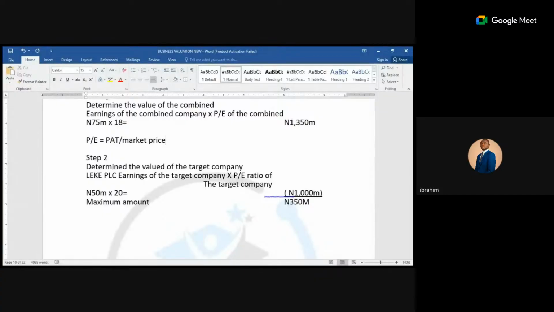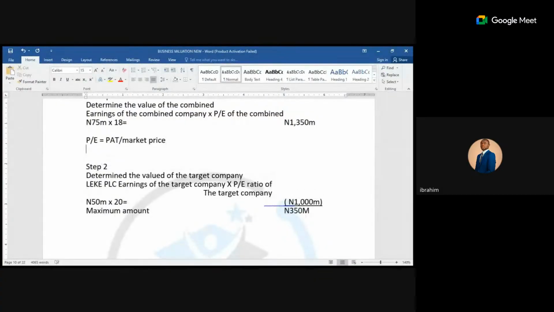So we say the market value equals the PE ratio times the earnings, which is profit after tax.